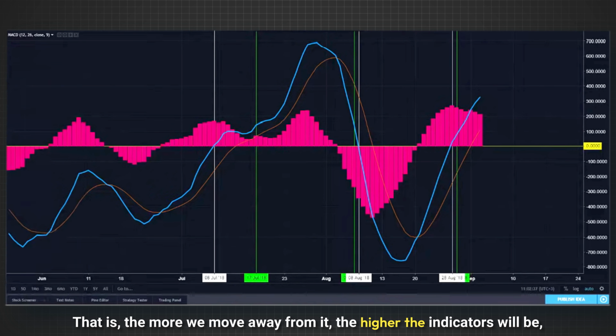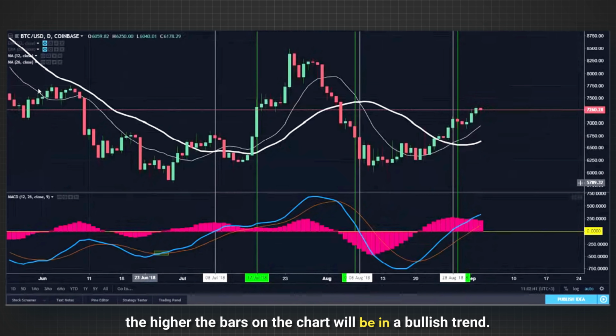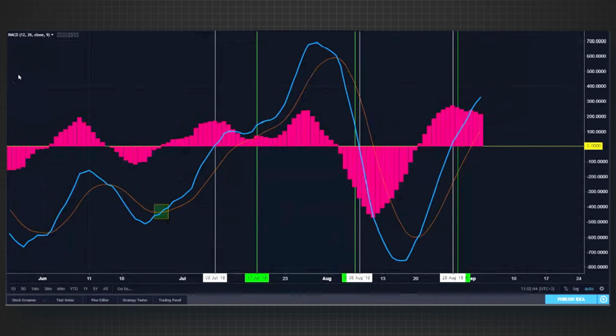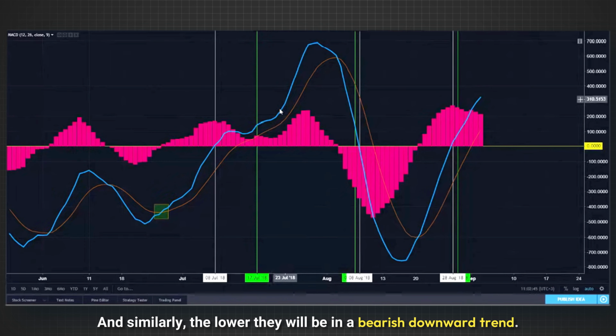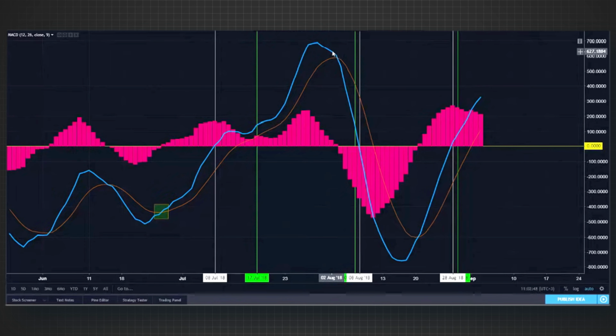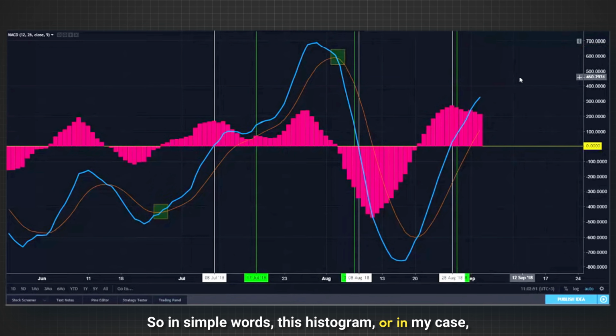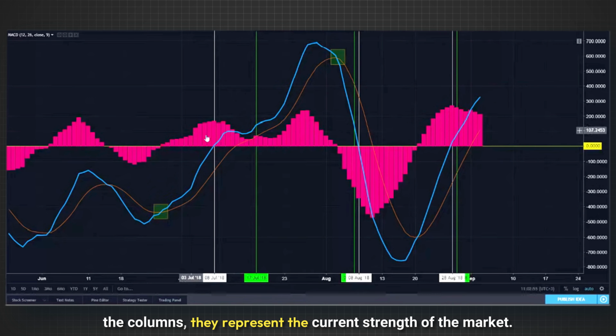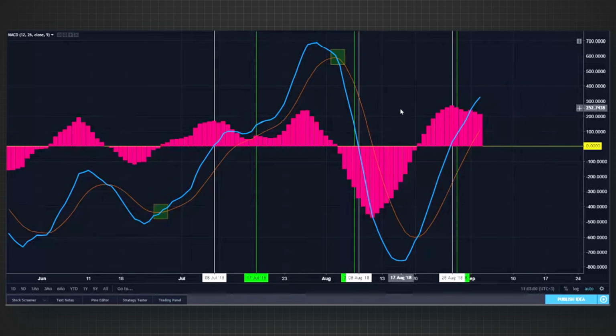The more we move away from it, the higher the bars on the chart will be in a bullish trend, and similarly, the lower they will be in a bearish downward trend. So, in simple words, this histogram, or in my case, the columns, represent the current strength of the market. How strong are the bulls, or how strong are the bears?